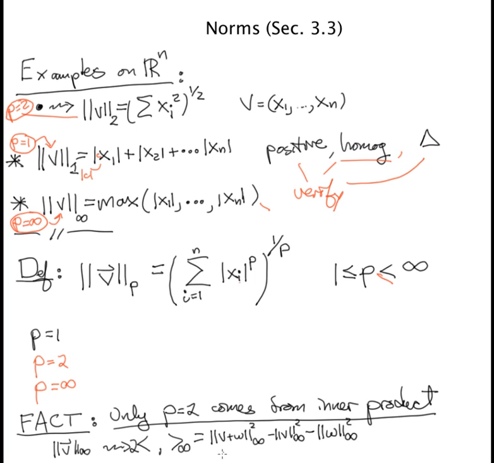And so this is the maximum entry of the sum. And this is the maximum from v and the maximum from w. And if you just look at that for 2 seconds, you'll realize this is a perfectly well-defined function, but it's certainly not this thing right here. This function that we define this way is certainly not bilinear. So that's the basic idea when p is not equal to 2.